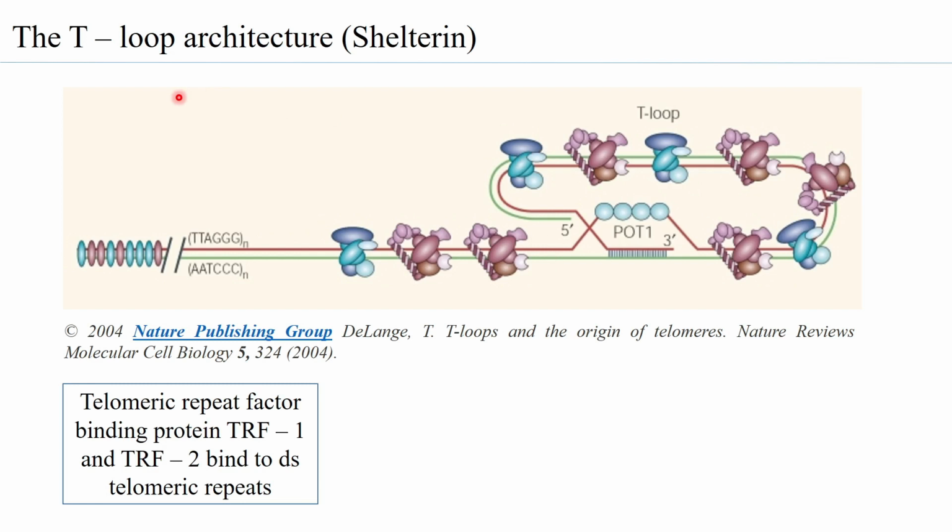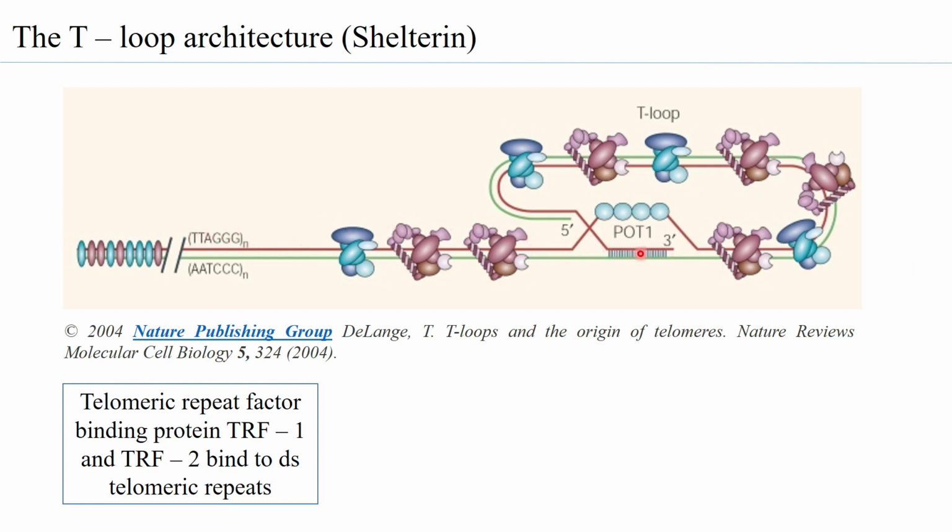Before that, do note that just as mentioned earlier, look at the end of the telomere. You will find that this part of the telomere is the 3' overhang, or what is called a G tail. Now, to form the T loop, the G tail, which has TTAGGG, because you know that the entire telomere is nothing but a repeat of the sequence.